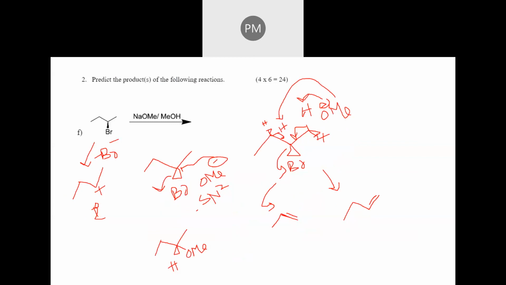So the product will be like this. So this one will be our E2 product. And this one is the SN2 product.